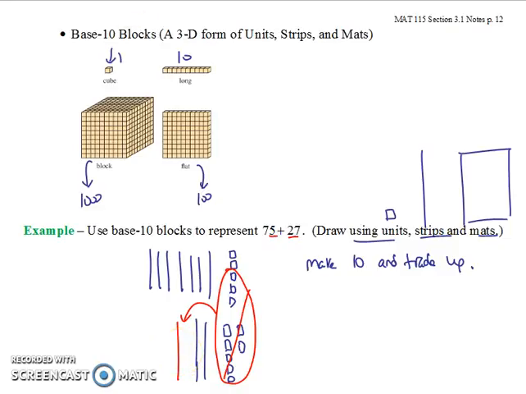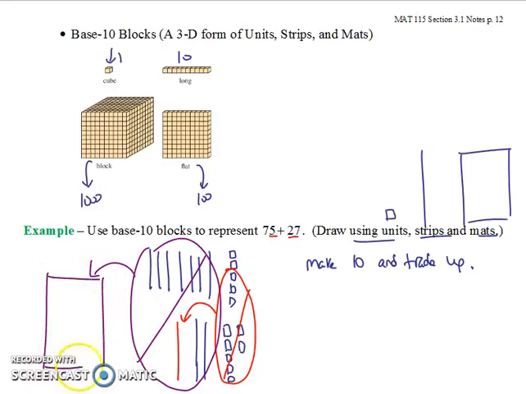So now I have 1, 2, 3, 4, 5, 6, 7, 8, 9, 10 strips. Well, I have to exchange those for a mat. And so what I end up with is 1 mat.